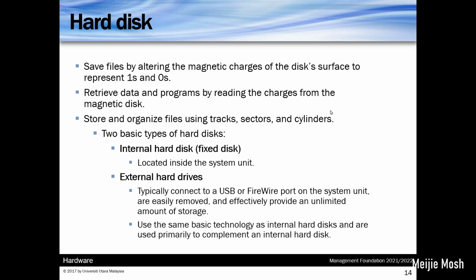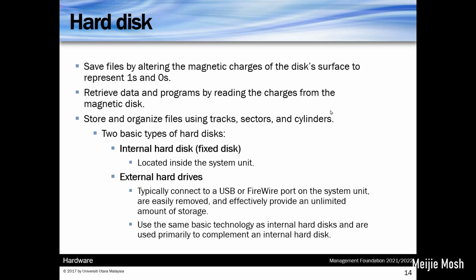It saves files by altering the magnetic charges of the disk surface to represent ones and zeros. It retrieves data and programs by reading the charges from the magnetic disk, and stores and organizes files using tracks, sectors, and cylinders.